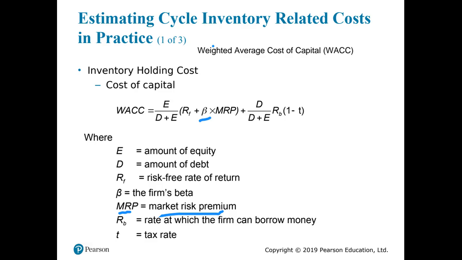R naught is the rate at which the firm can borrow money from outside, and T is the tax rate.